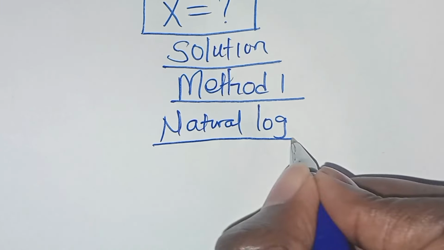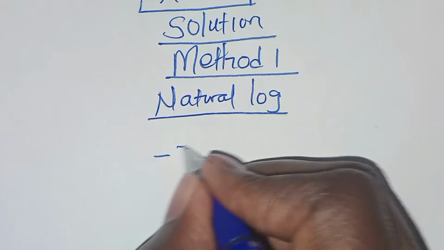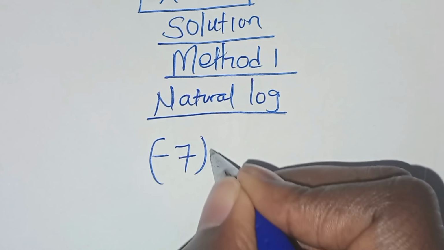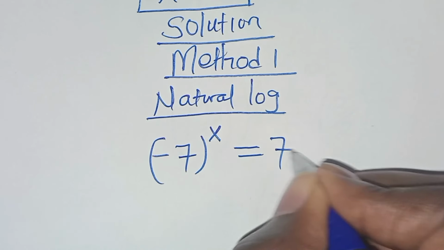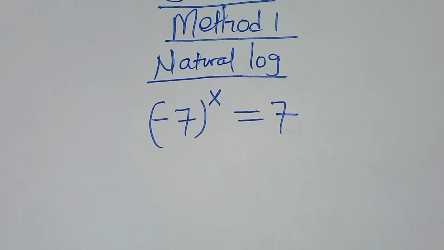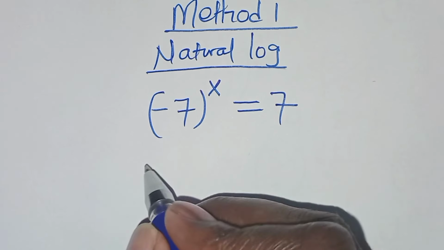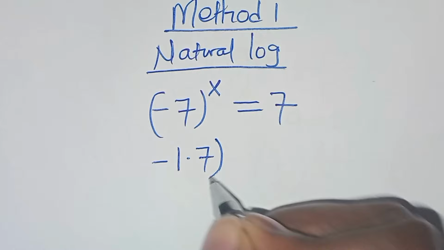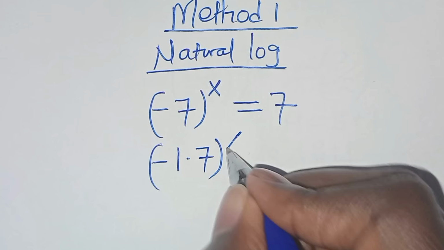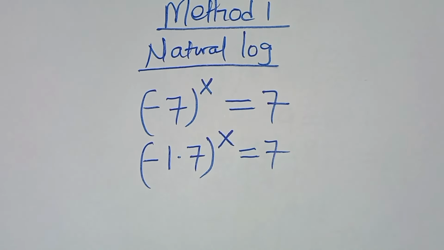Let's apply the aspect of natural log such that we have (-7)^x equal to 7. We can express (-7)^x as (-1 times 7)^x, which is equal to 7.